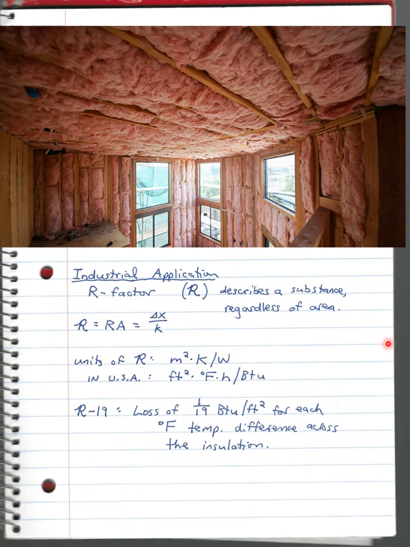This is insulation, usually fiberglass, some insulative material. And you can get this at Home Depot, Lowe's, something like that, but it's the R factor. And very often the terms and quantities that they use in an industry are very different from how we deal with them in a physics or an engineering class.